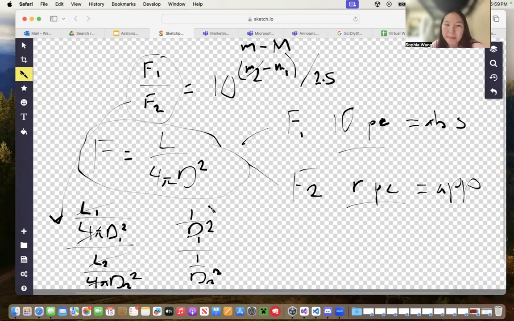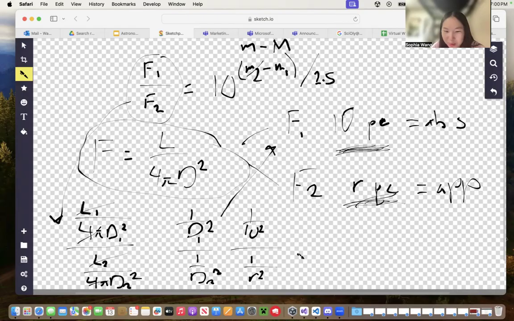So now, you'll notice d1 corresponds to flux 1, which is at a distance of 10 parsecs away. So we actually know what d1 is. It's 10. I'm just going to leave it squared for now. That's 1 over 10 squared. And this distance, d2, is the apparent, which is the distance from Earth, which is the same as r. So this is 1 over r squared.